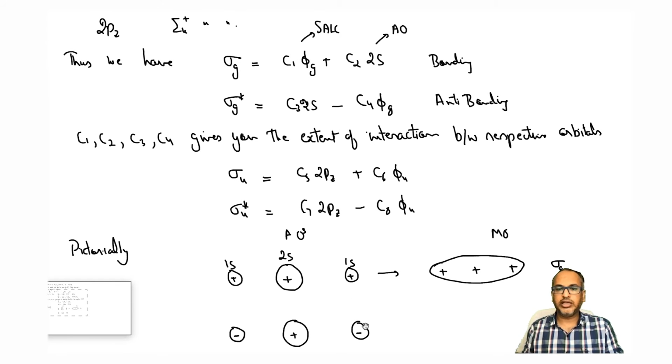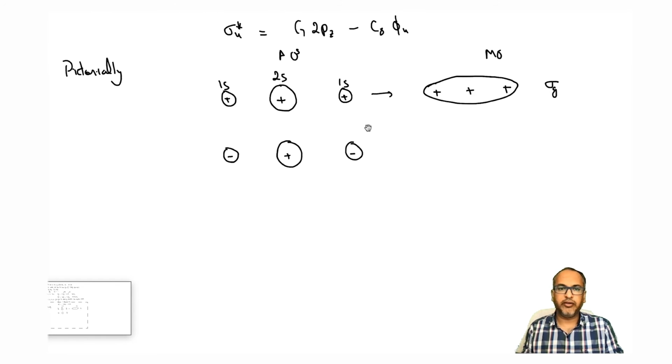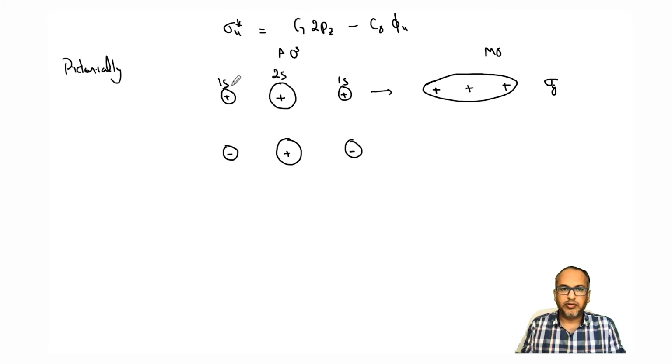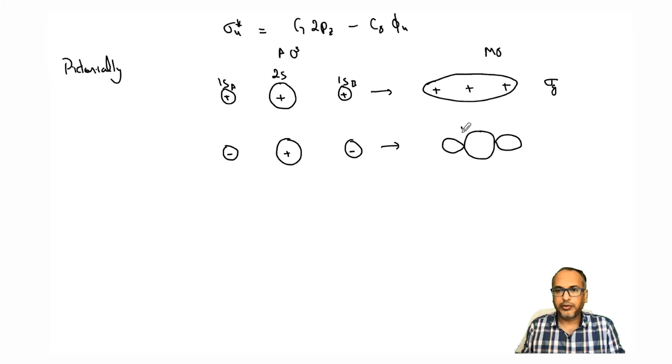So both the 1sa and 1sb go negative here, right? So we'll write 1sa and 1sb. Both of them will go negative, and the result is a node formation. So this node represents that there is no electron density here. So this is plus, minus, this is sigma g star.